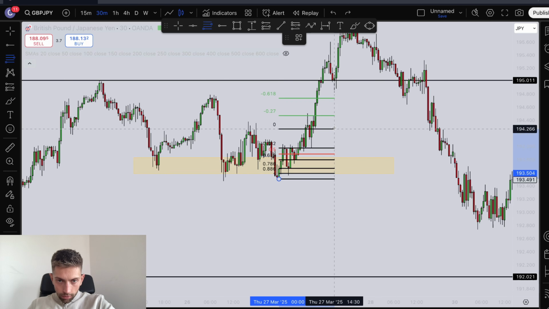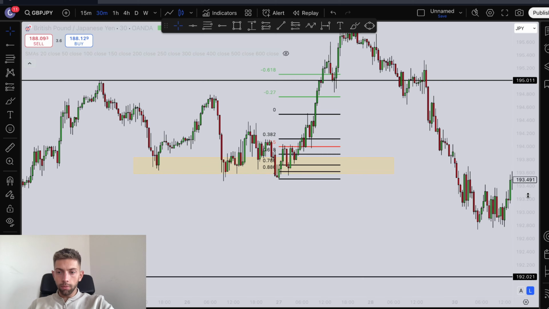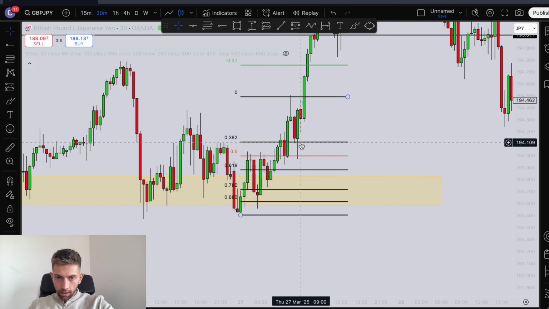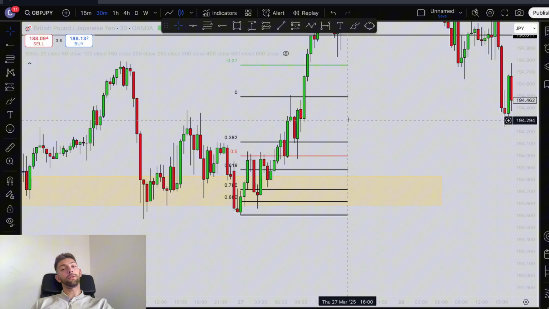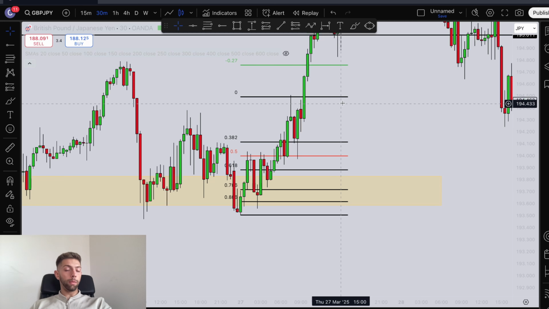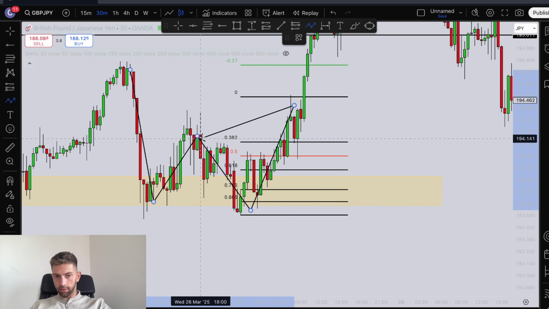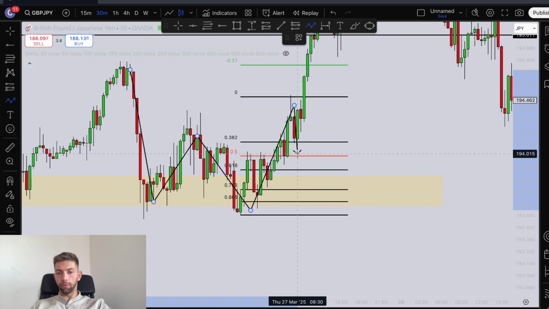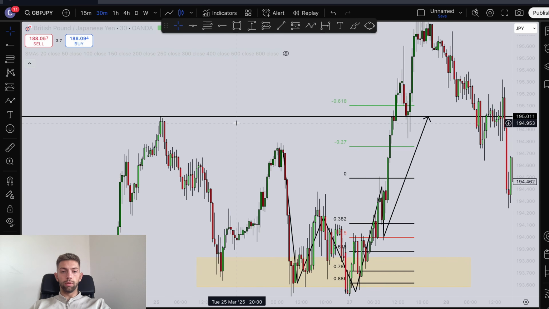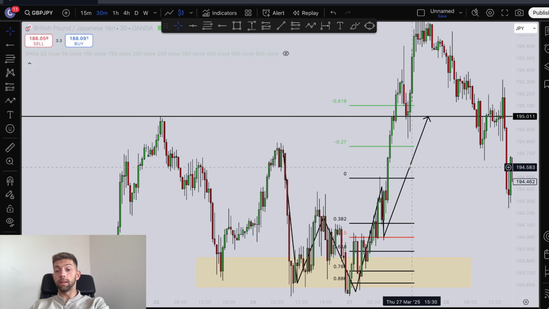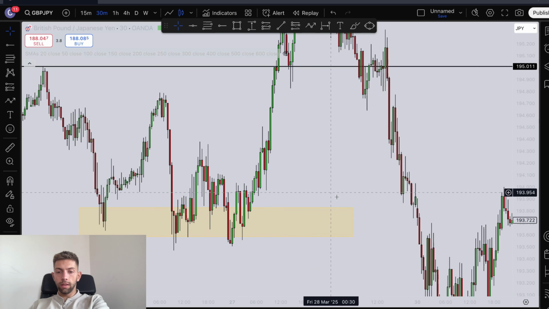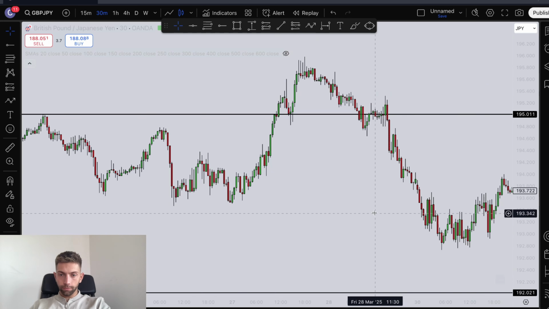From this point to this point, it was a pullback of around 50%, which is a significant enough pullback for me. It is valid. So after this market structure shift, I'm waiting for a pullback of at least 38.2%. I'm entering and I'm riding price to its own highs, which is right here. Another trade.